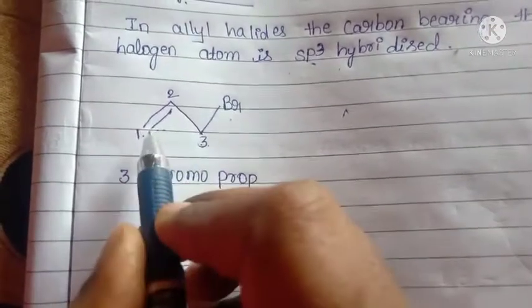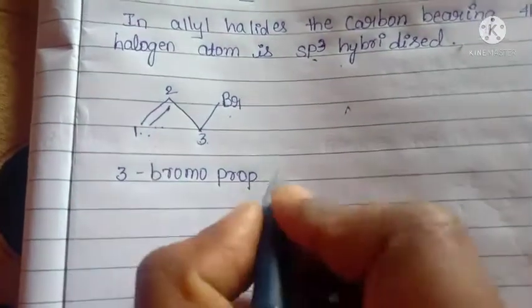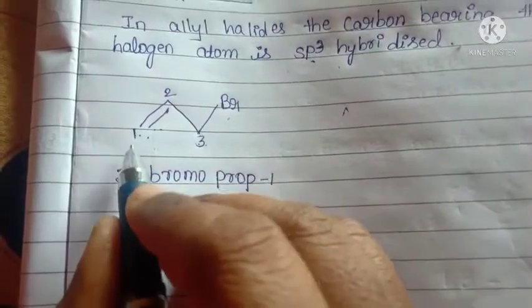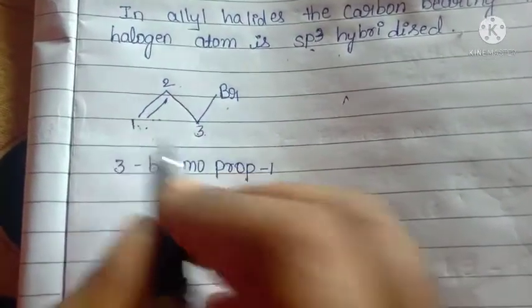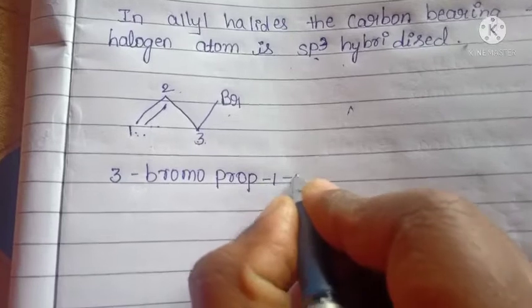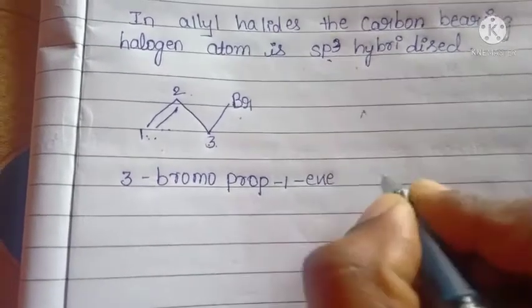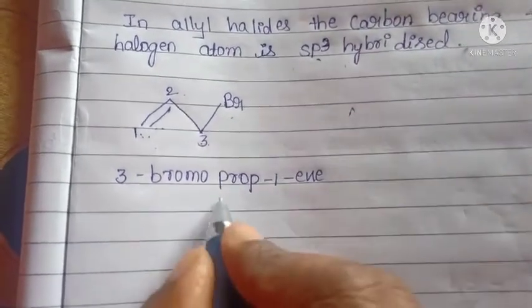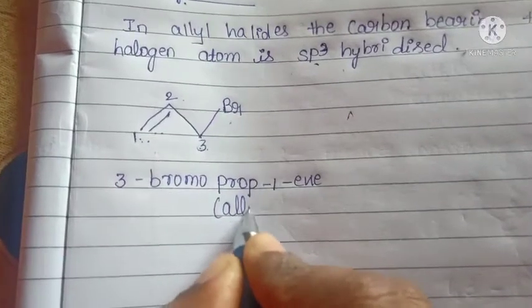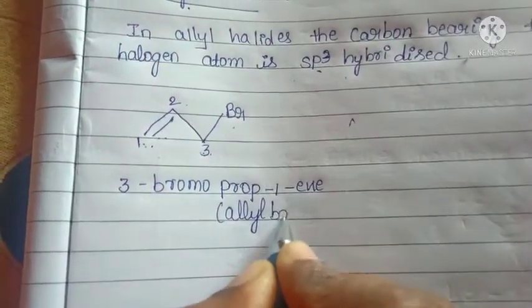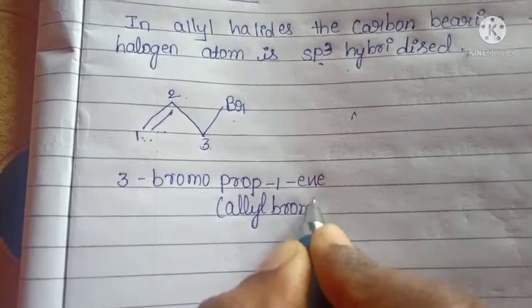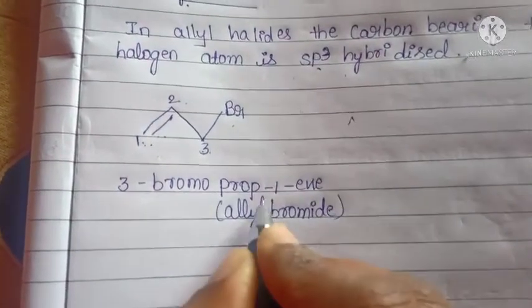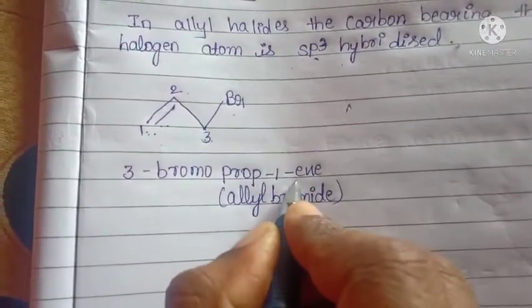Prop, which position has the double bond? In the first position we have a double bond, so prop 1 ene. Okay, this is also called allyl bromide. Here you have to write the IUPAC name like this.